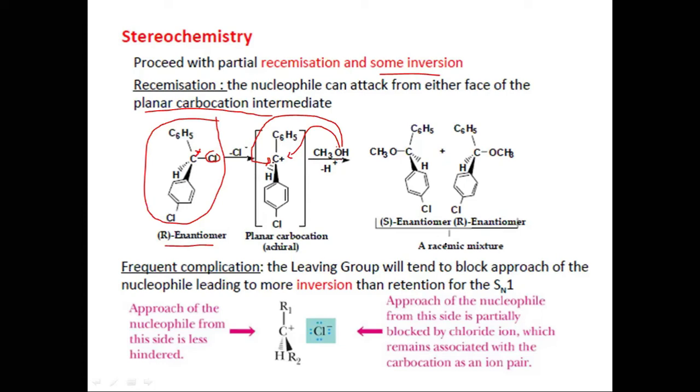The result will give you a racemic mixture, because if you have both enantiomers R and S in equal proportion, then we call it a racemic mixture. This happens only theoretically. That means there is no approach of the nucleophile before the formation of the carbocation, or till the ion pair formation still exists.